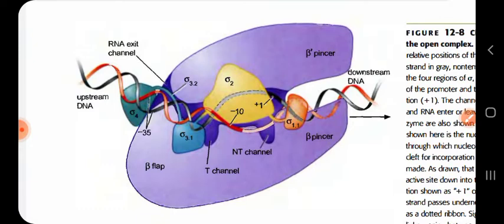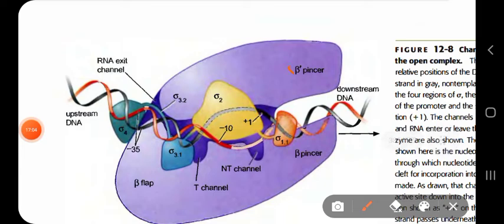Now it looks like a crab's claw, as I have said in the previous lectures. Well, the beta and the beta prime subunits are analogous to RPB1 and RPB2.